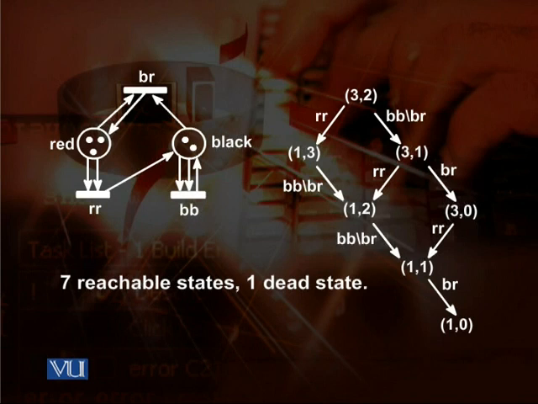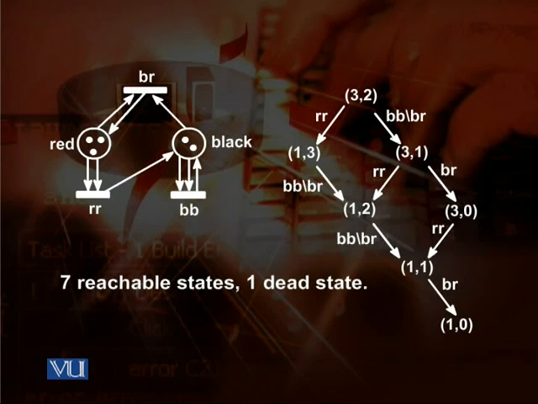When we are in state 1-3, we can either fire BB or BR. We cannot fire RR because that requires 2 tokens in the red place. So these are the only 2 transitions that can be fired. That will result in 1-2, that is 1 token in the red place and 2 tokens in the black place.